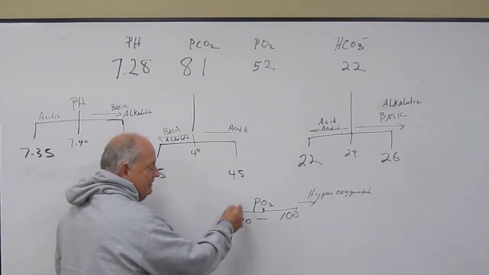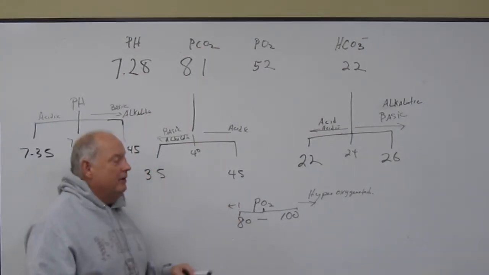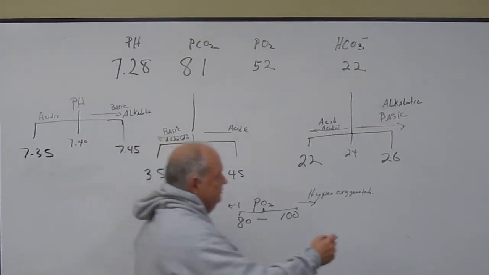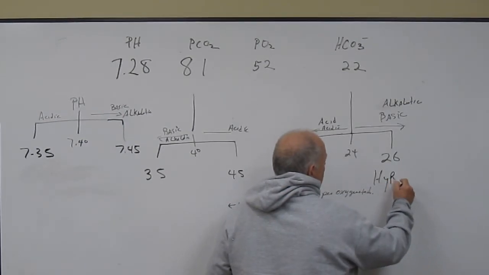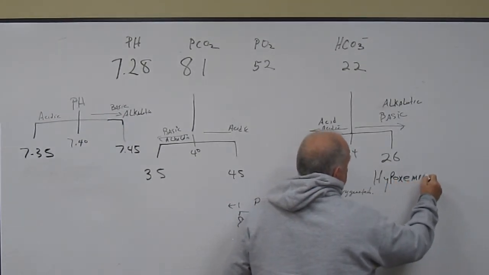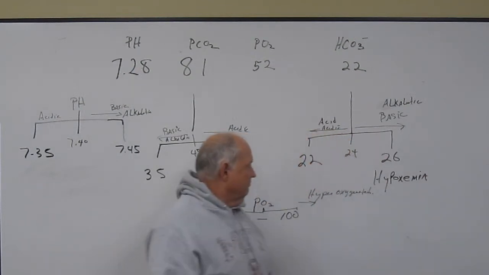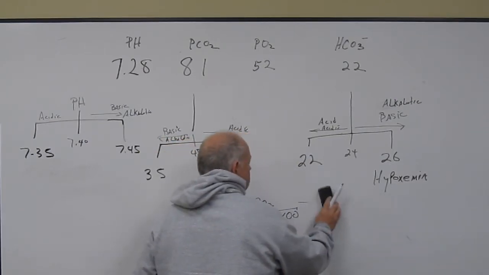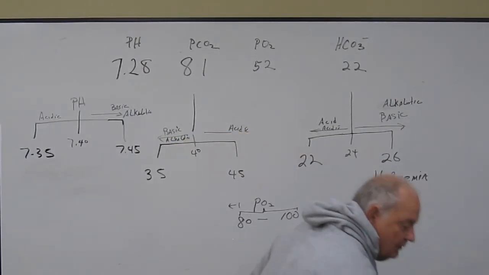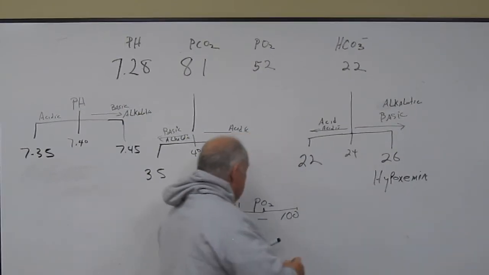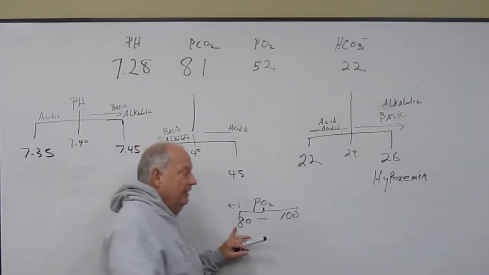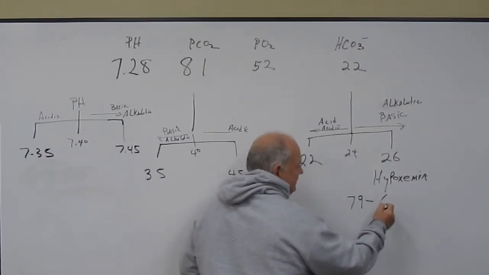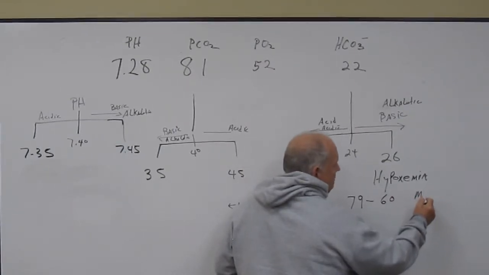Hypoxic is a condition less than 80. And we have a condition of hypoxemia. We're going to break that down now over here. Hypoxemia. There are 3 levels. Normal is down to 80, so anything that is 79 down to 60 is mild.